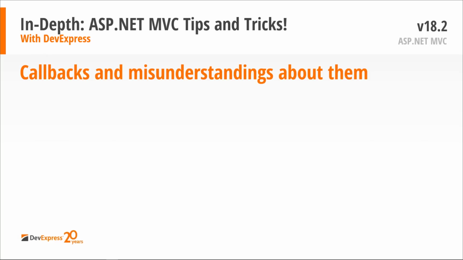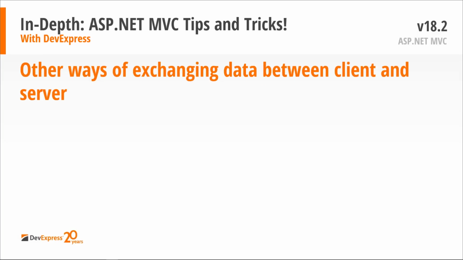All right, so one of the other things that is actually a bit in the same direction of the callbacks is obviously exchanging data between the client and the server. And in this case, I'm not talking about a get or a post, but I'm talking about, okay, so you're doing some callbacks in the controls anyway.